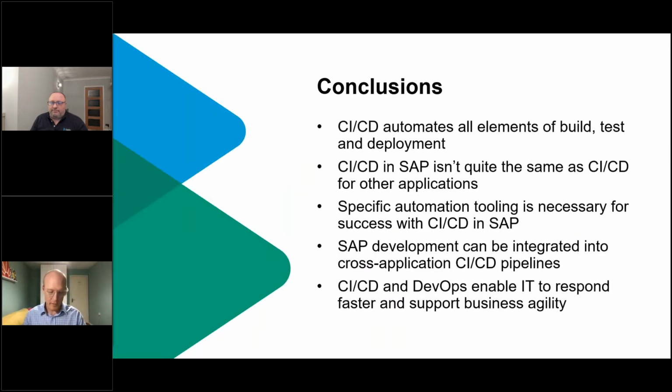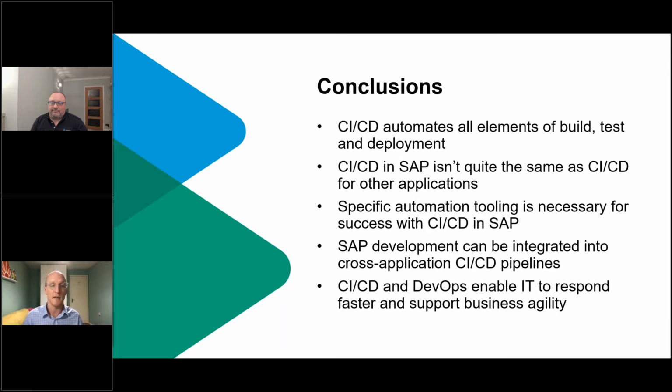So just to wrap things up, we're just very slightly over time, but we've looked today at the fact that CICD is a way to automate all the elements of build, test, and deployment in the software development process, but that CICD in SAP, as in so many other things, isn't quite the same as it is elsewhere, mainly for some architectural and technical reasons, so that you need the right automation tooling to make CICD happen in SAP.